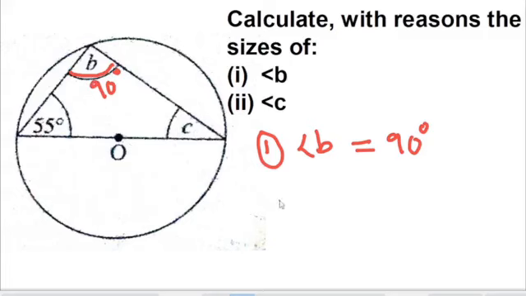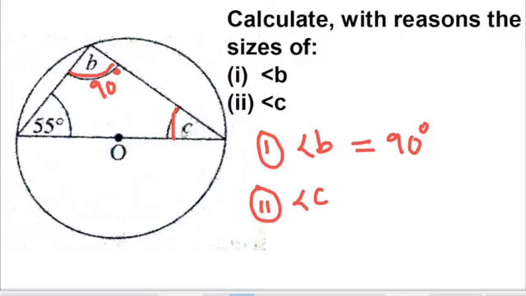How can we now find angle C? To find angle C is very easy, because at B we have 90 degrees and here we have 55 degrees, and this is a triangle. The sum of angles in a triangle adds up to 180.